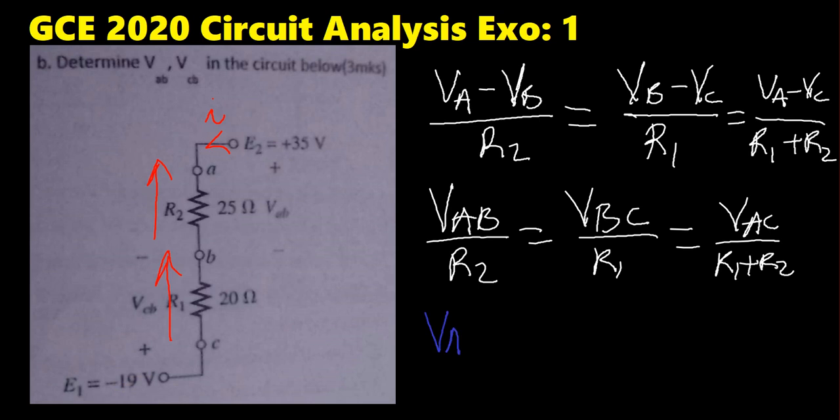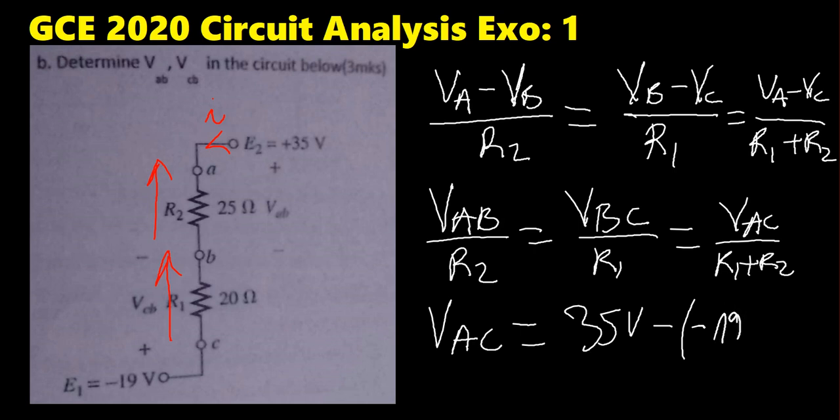This pen is not showing very well, I'm going to continue with the white one. VAC is equal to 35 volt minus negative 19 volt. When you apply this equation, you're going to get 54 volt.